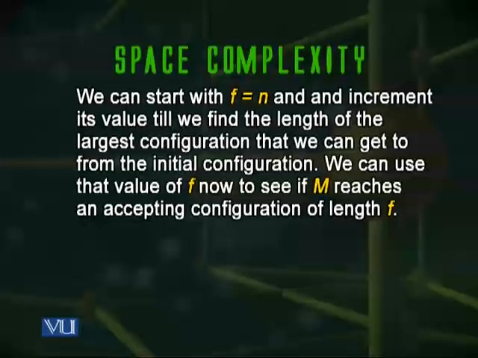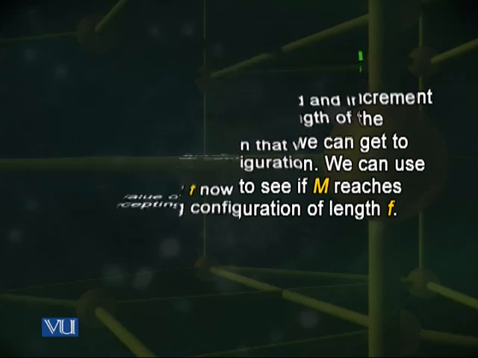We can start with the value f equals n and start incrementing this value till we find the length of the largest configuration that we can get to from the initial configuration. We can use this value of f now to see if M reaches an accepting configuration of length f. Now, we've put aside this minor technicality that we will discuss in the next lecture in detail. I'll show you how this is done, how we can get rid of this assumption.